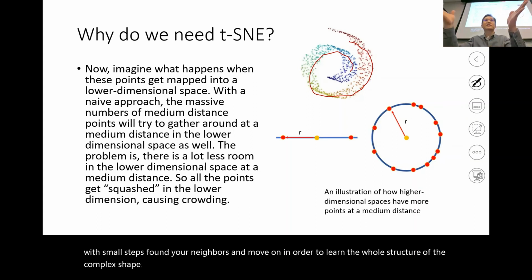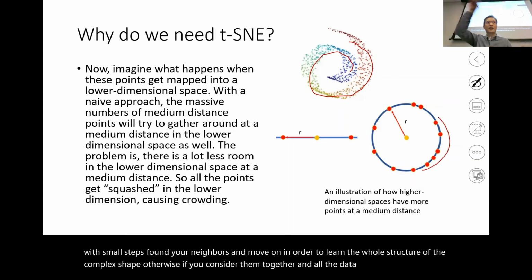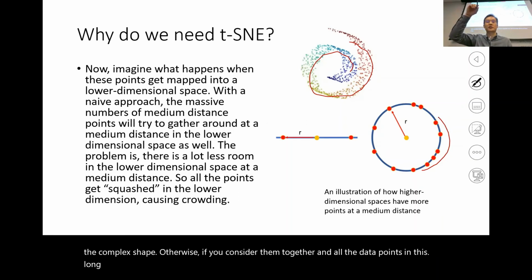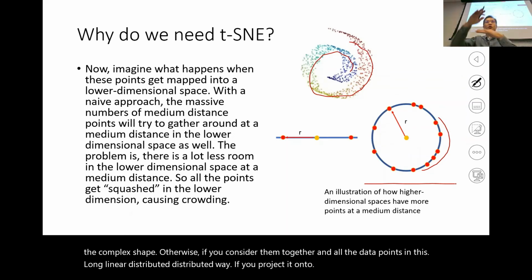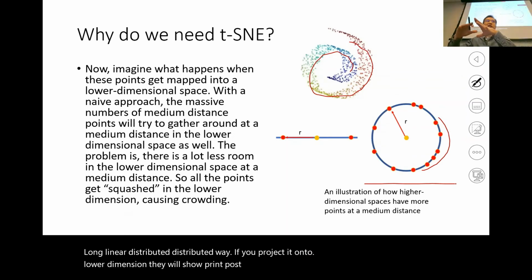Otherwise, if you consider all the data points together in this non-linear distributed way and project onto lower dimension, they will superimpose onto each other, and you don't see the separation between them.